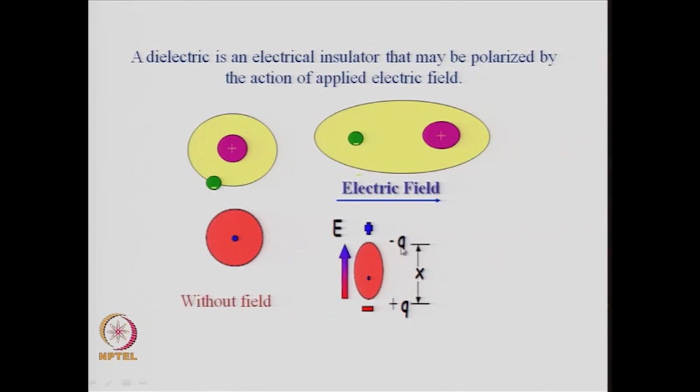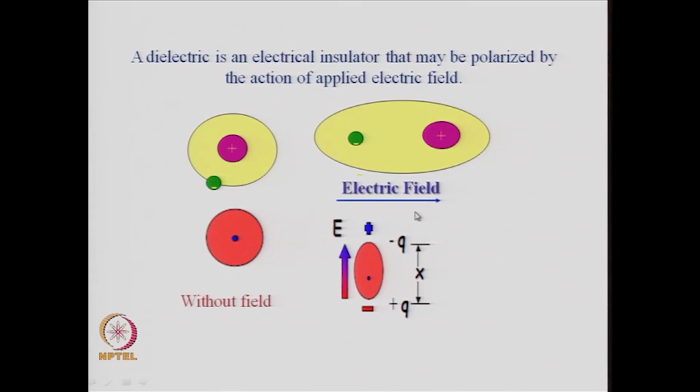If you have one dipole, then that is the dipole moment for that one molecule. If you have 1 mole of such molecules, then the resultant dipole moment per unit volume is called the polarization, and a higher polarization will lead to a high dielectric constant. This is common with any material where you can create such dipoles in the presence of an electric field.